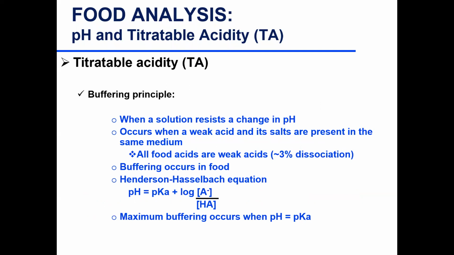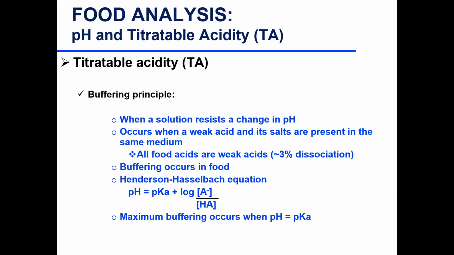The titratable acidity is based on the buffering capacity of the organic acids. That's why I bring back here the buffering principle that we talked about earlier in the semester, meaning that the solution resists change in pH.